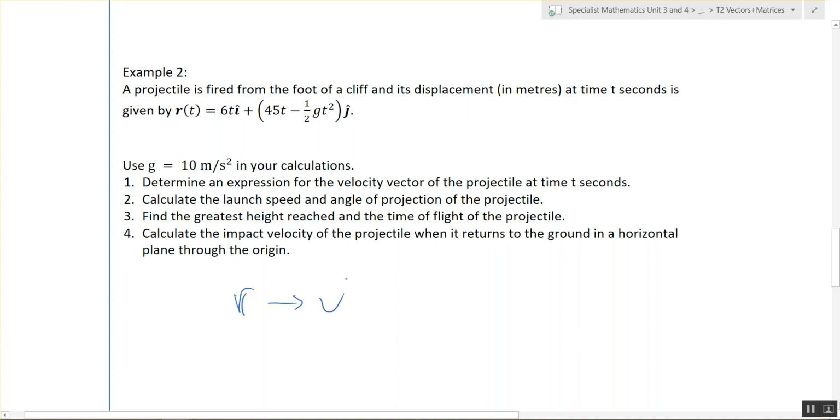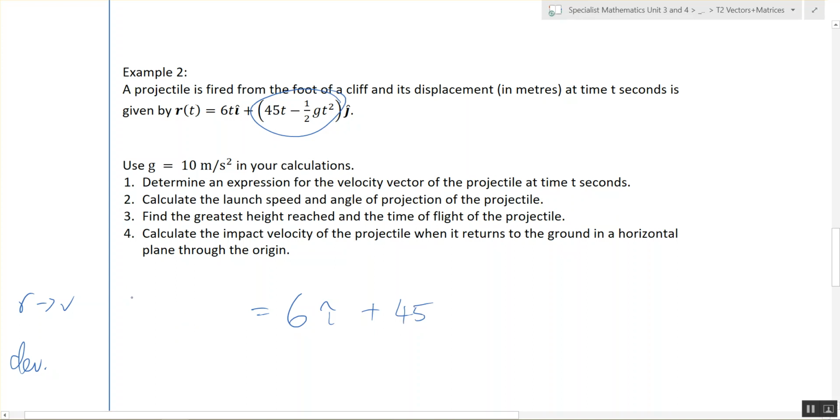We differentiate. Differentiated. Nice and easy. And then you put the i. All right, now we look at the j. 45t becomes... Oh, I should have written this actually.